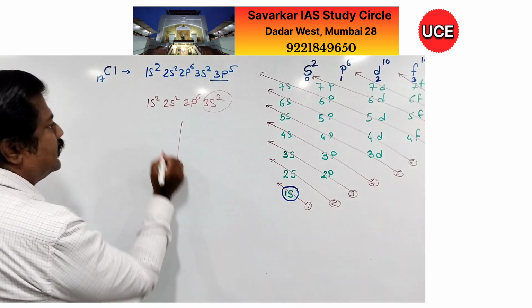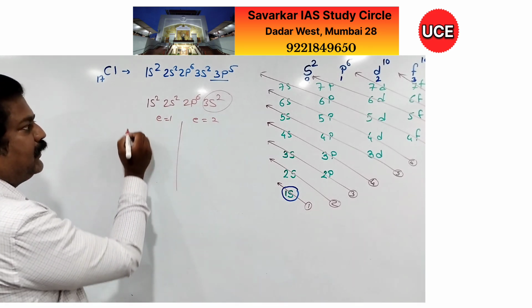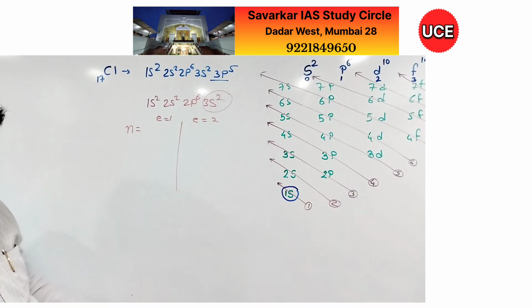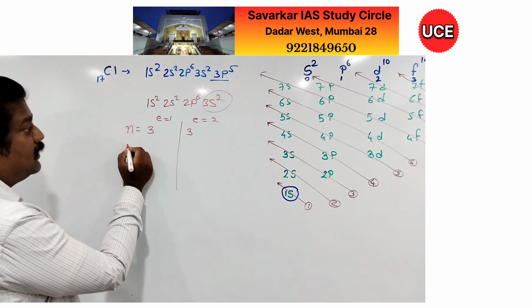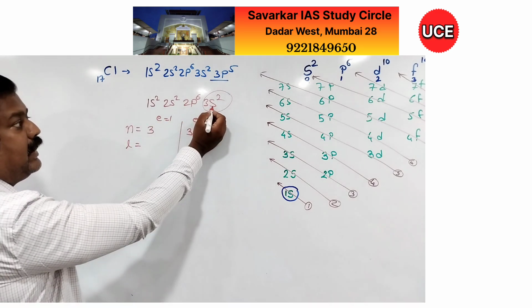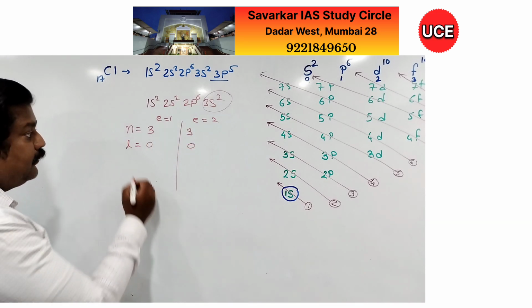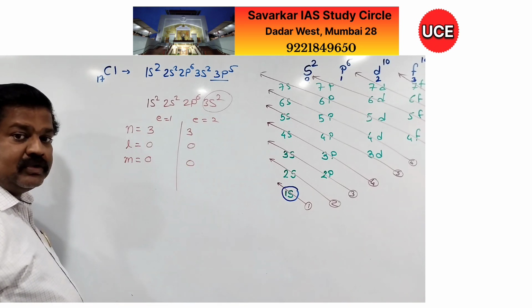So electron 1 and electron 2. n, obviously you can check 3s, therefore n is 3. Here also n is 3. l is 0, 0. m, as l is 0, m is also 0.